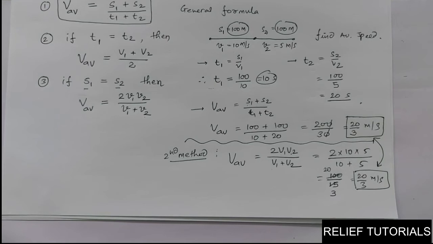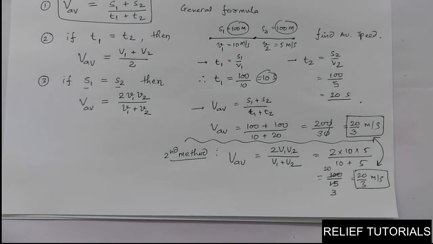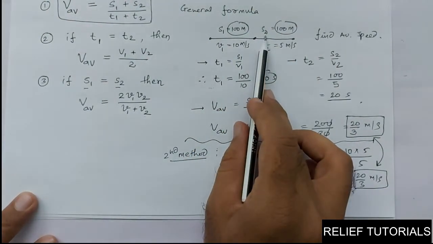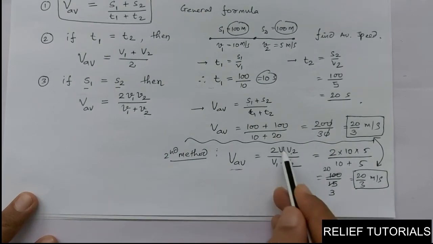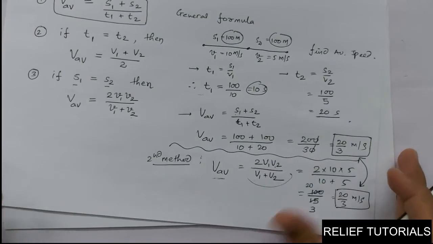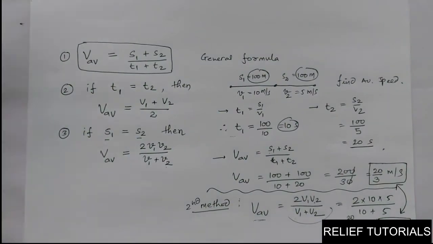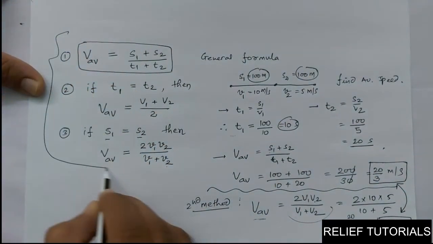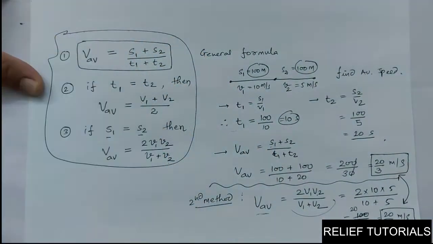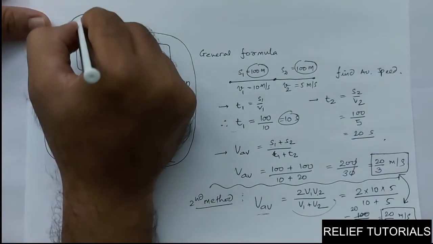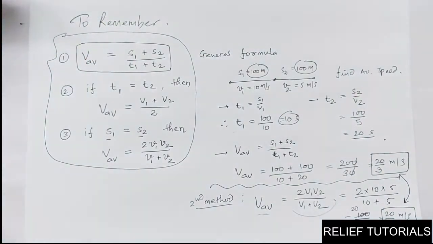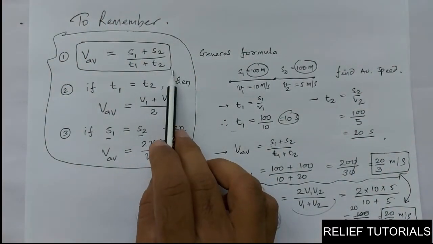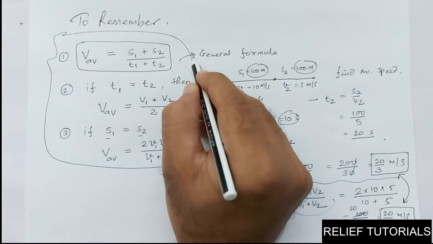So we can find VAV if we have S1 is equals to S2. If we have S1 is equals to S2, then we can find VAV by this formula. So these are the very important list of formula. This is the general formula that we can use anywhere in any sum.